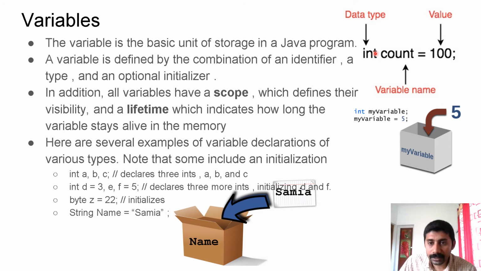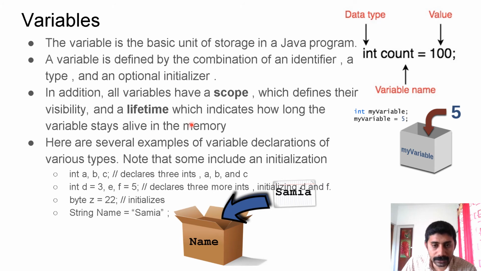See this, int count equal to 100. So int is the data type, count is the identifier or variable name, and 100 is the initialization part. In addition, all variables have a scope which defines their visibility, and a lifetime which indicates how long the variables stay alive in memory.